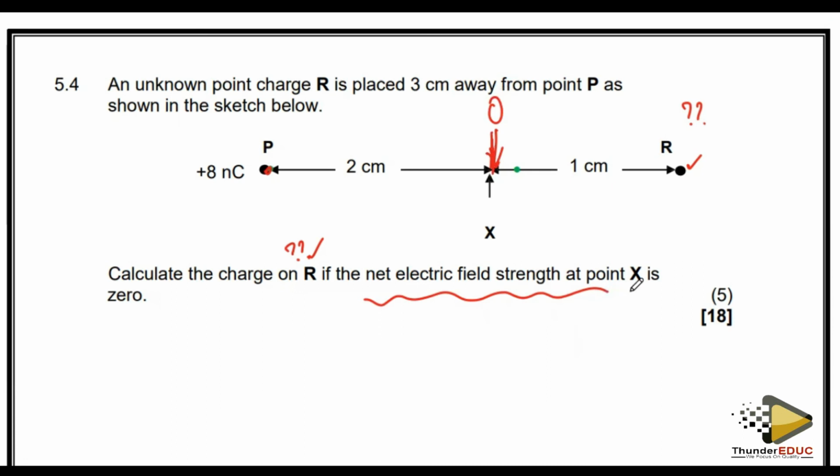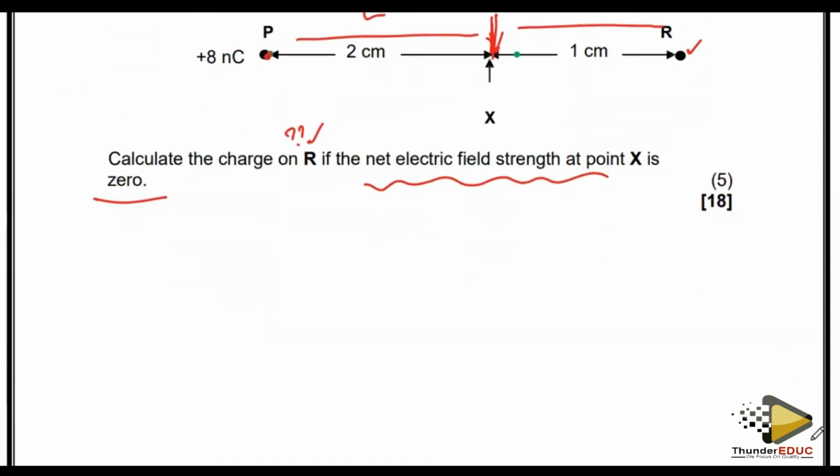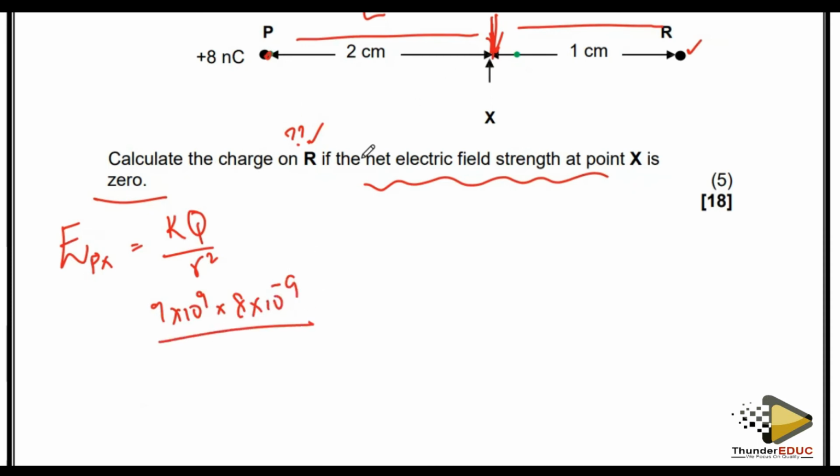Remember what we said: for the net electric field to be 0, the electric fields from the different sides must be in opposite directions, one to the left and one to the right. So we need the electric field at X as a result of P. It is kQ over R squared: 9 times 10 to the 9, the charge is 8 times 10 to the negative 9, and the distance is 6 centimeters, converted to meters.